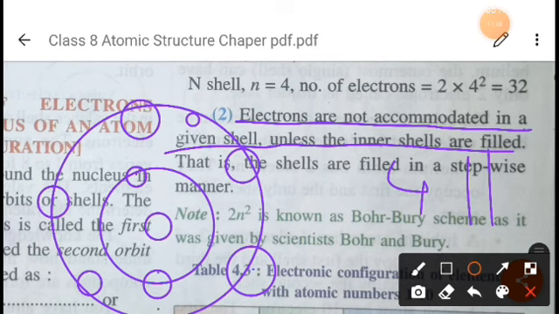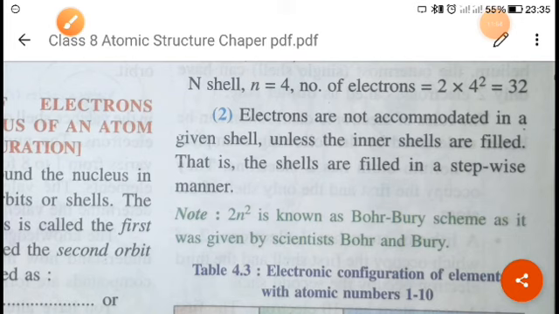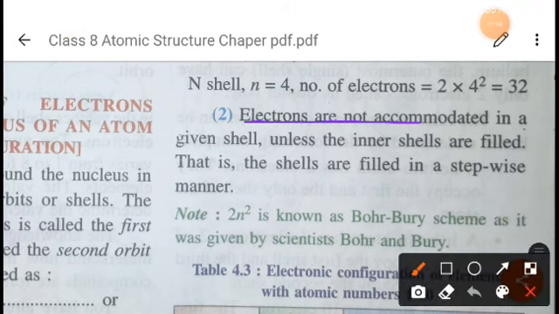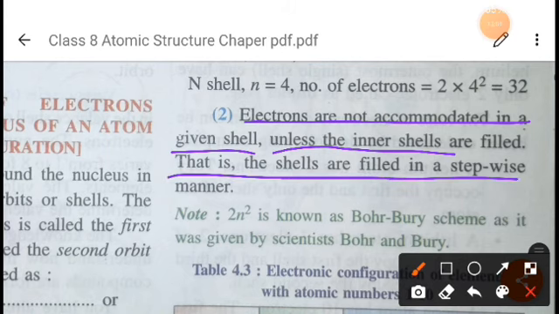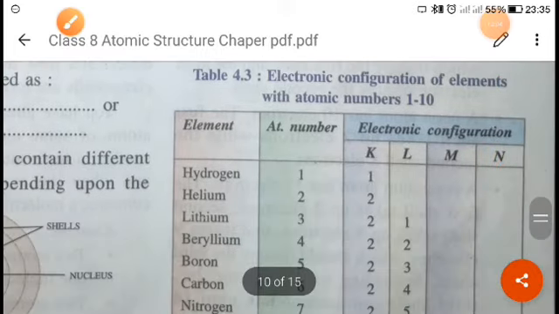Okay, as you can see, 1, 2, 3, 4, 5, 6, 7 and 8. After that only in the next orbit this 1 electron will come. I hope you are understanding this, right? So as you can see, electrons are accommodated in a given shell only when the inner shell is filled. Thus the shells are filled in a stepwise manner. So I hope you have understood this, right?